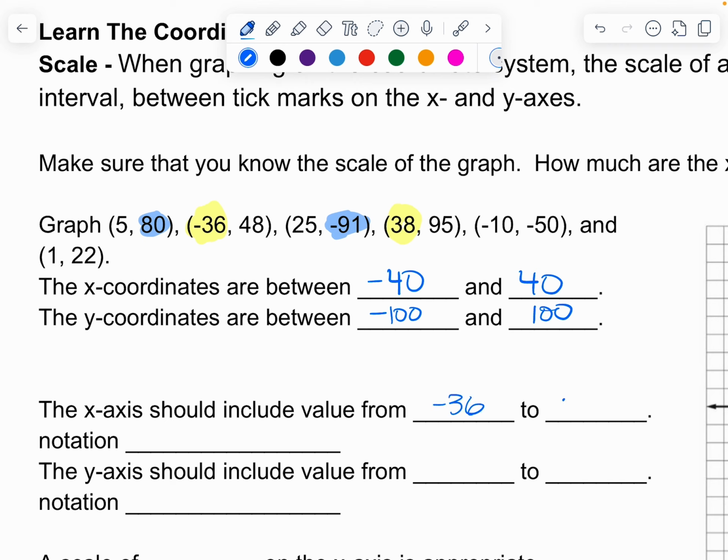The highest one was 38. So if I did interval notation, it's from negative 36 to 38. The y-axis is going from negative 91 to 80. So my notation would be negative 91 to 80.